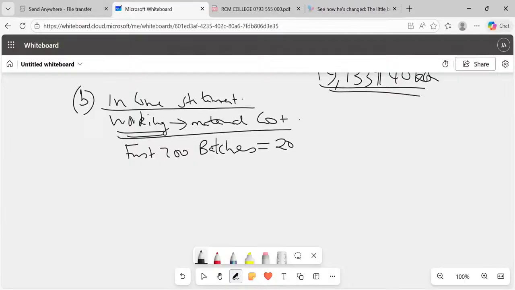It will be 200 times 50,000. Remember, over the entire life cycle we have 600 batches. So 200 times 50,000 will give me 10 million.